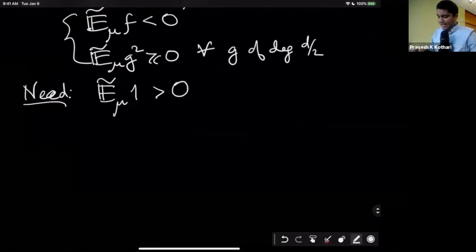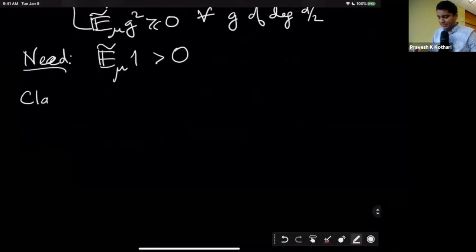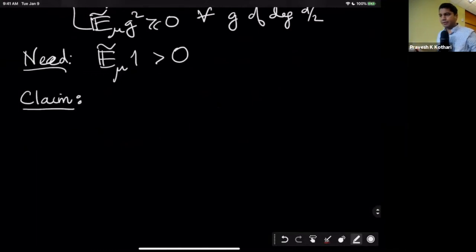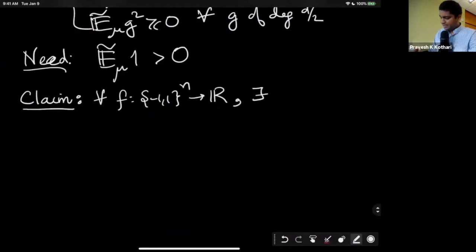So I am going to use a claim here, which I'll prove right after I complete the proof here. Here's the claim I'm going to prove. For all functions f, suppose f is a degree D polynomial.